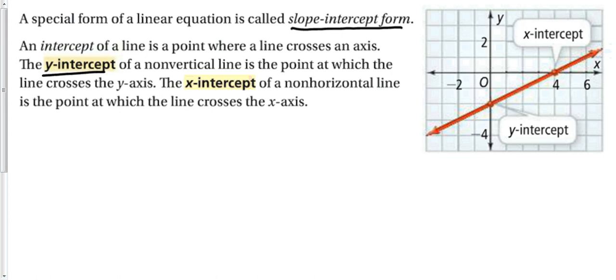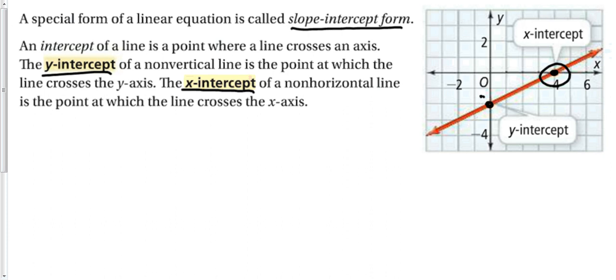The y-intercept is where we cross the y-axis. The x-intercept is where we cross the x-axis. Looking at the picture, this point right here would be the y-intercept. This point right here would be the x-intercept, because here is the point where it crosses the y-axis, and here we have the point where it crosses the x-axis.